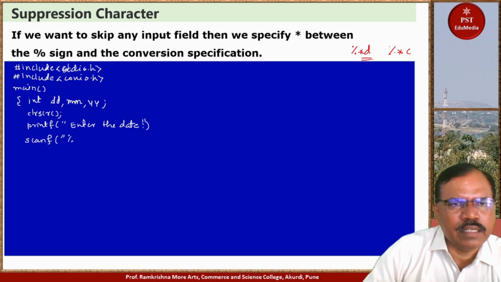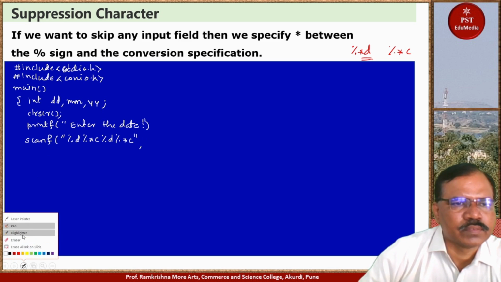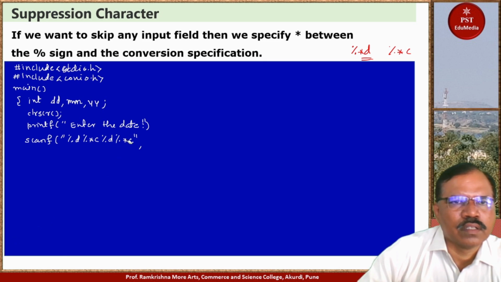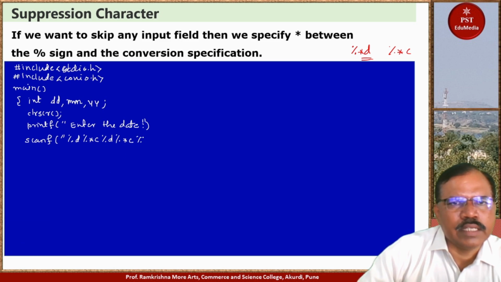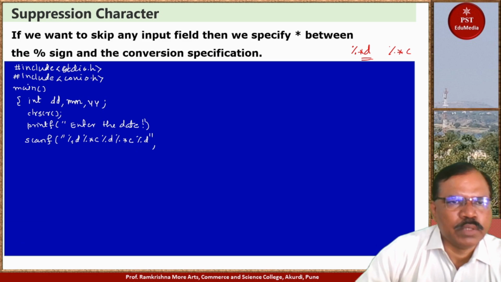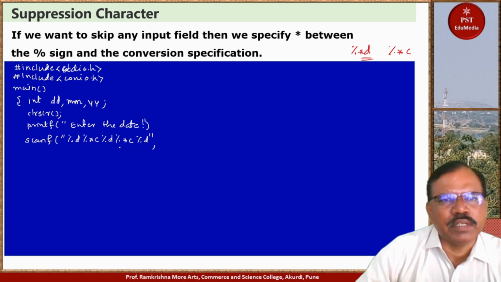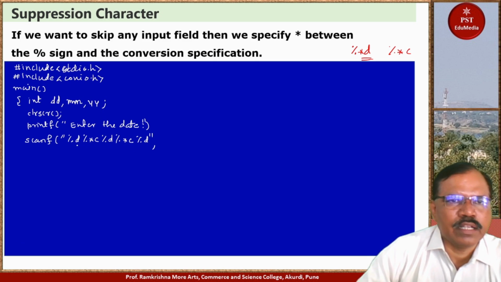Now I will take %d %*c %d %*c %d. So %d %*c %d %*c %d. So I have taken in all 5 conversion specifications.